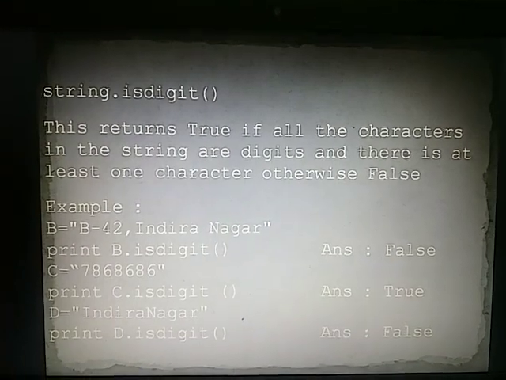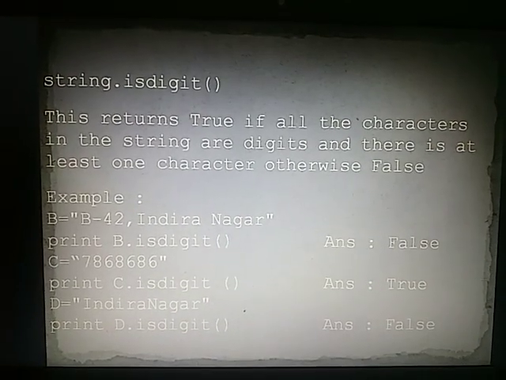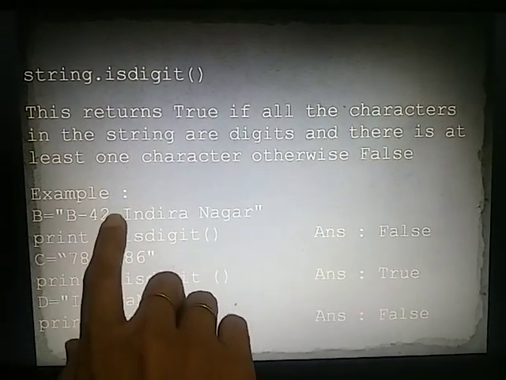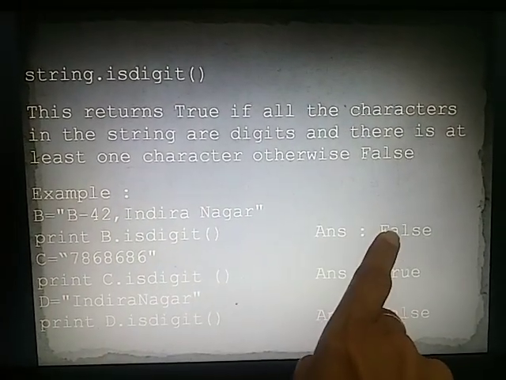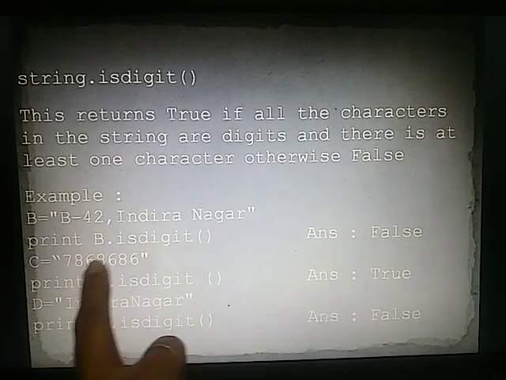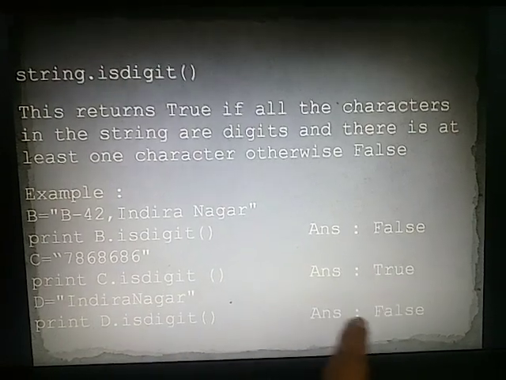Similarly, we are having the other one, which is isdigit. That means whether the string is containing all digits. As in this one, all is not digit, like this you can see, that is why it is false. In this one, all the characters are in digit form, that is why it is true. And here again no digit, that is why it is false.